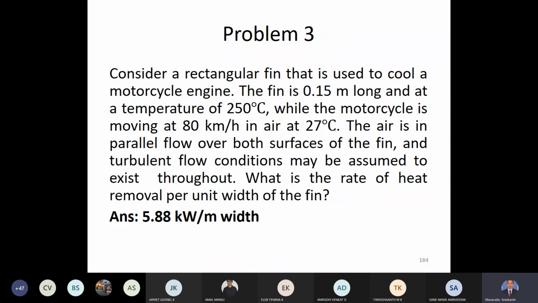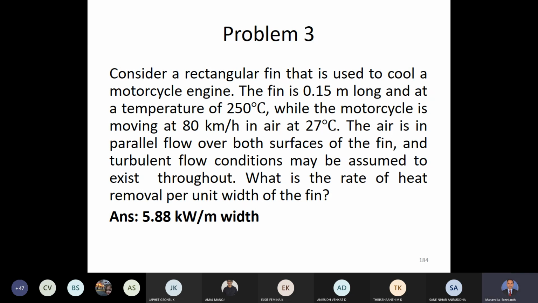So here we are supposed to assume it to be a flat plate over which fluid is moving. In this case, fluid is actually not moving, it's the motorcycle which is moving. But the end result is as if the fluid is moving over a stationary flat surface. So both ways the effect is the same. Heat will get transferred by convection.